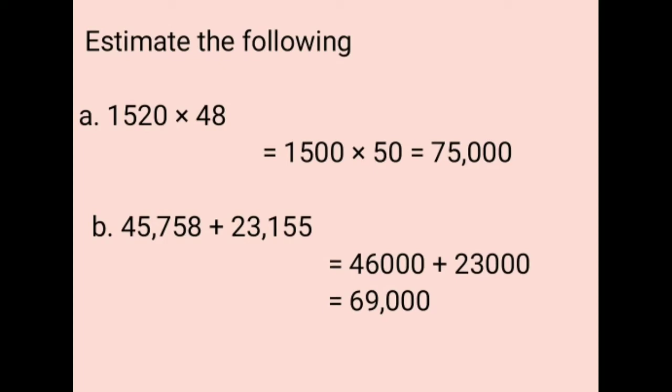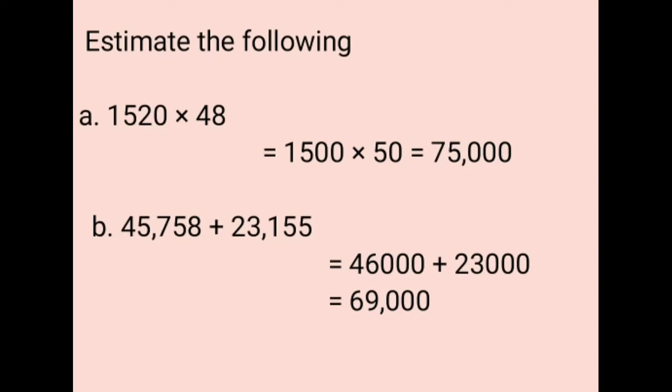We can estimate the first number 1520 to the nearest 100, that is 1500, because 20 is less than 50. And 48 is rounded off to the nearest 10, that is 50. So 1500 times 50 equals 75,000.